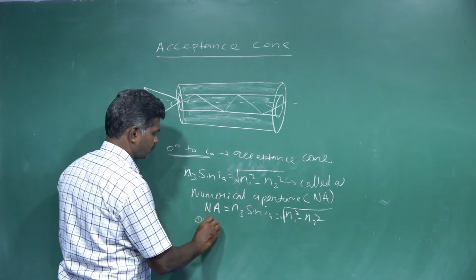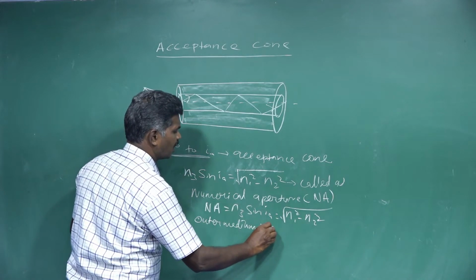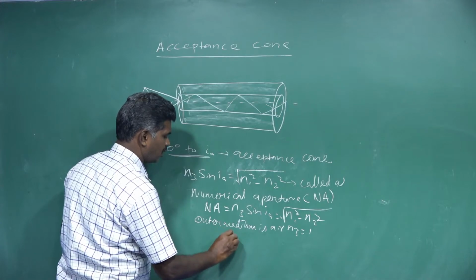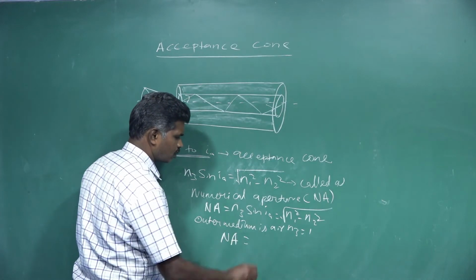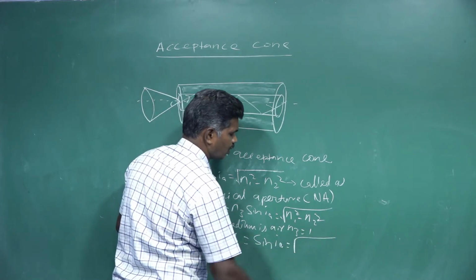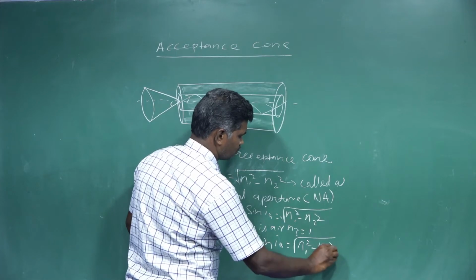If the outer medium is air, n3 is equal to 1, NA, the numerical aperture, is equal to sin Ia, equal to the square root of n1 square minus n2 square.